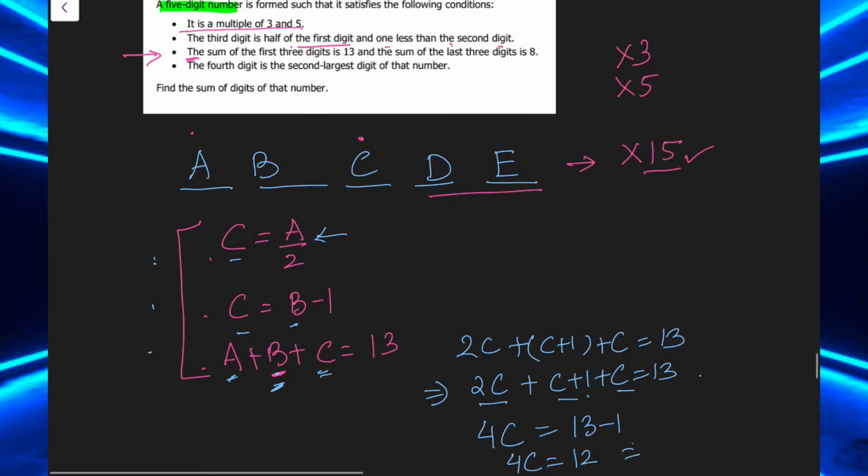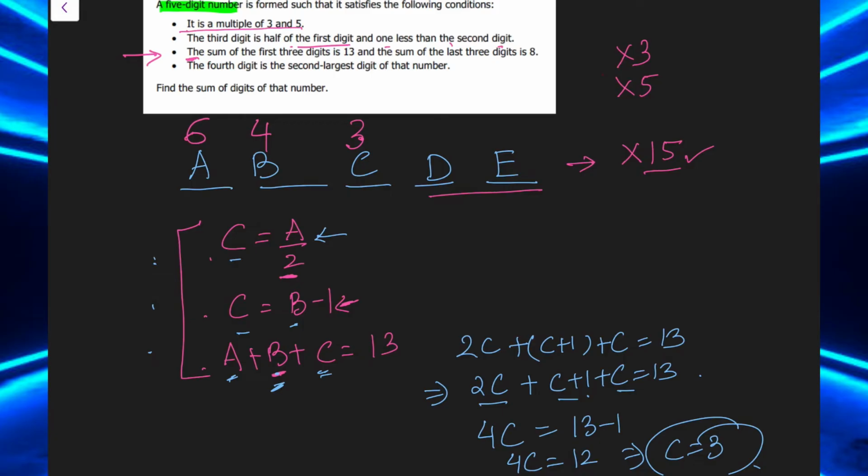So 4C equals 12, which means C equals 3. So we found C is 3. Since this is 3 and this was half of A, that means A is 6, and we said C equals B minus 1, that means B must be 4.